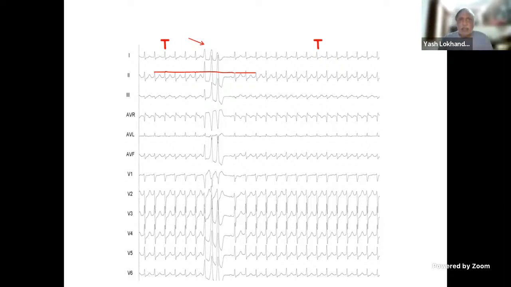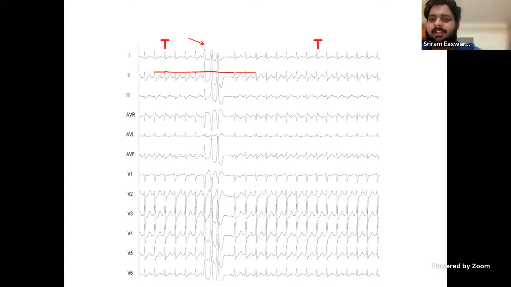If that is the case, what type of supraventricular tachycardia would terminate with ventricular premature beats? Which type of tachycardia is more likely to terminate with a ventricular premature beat?